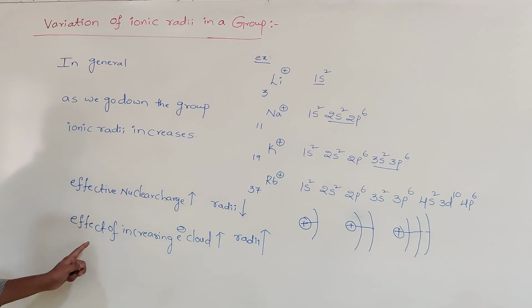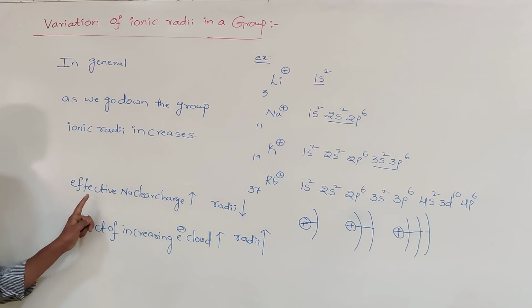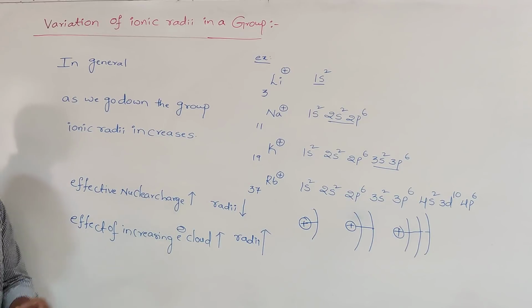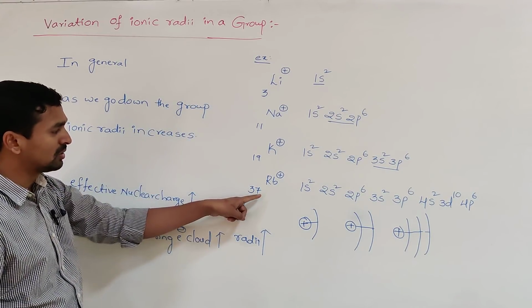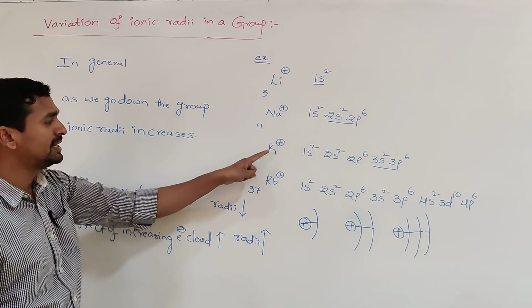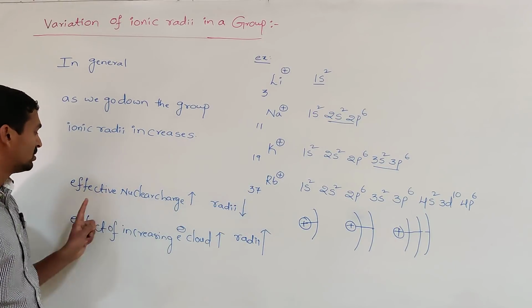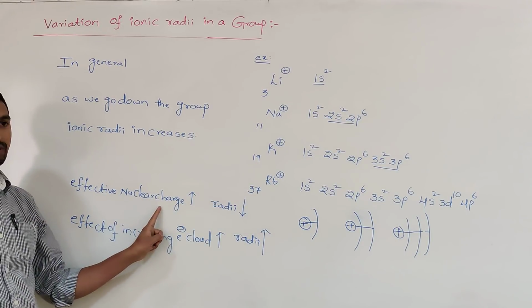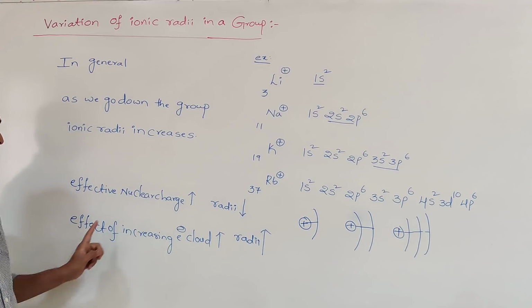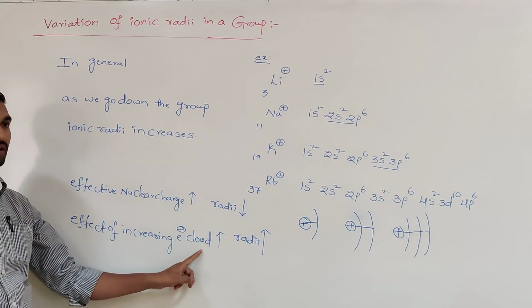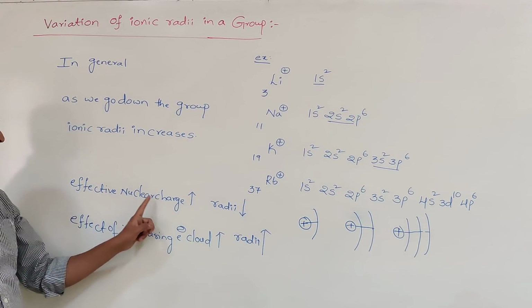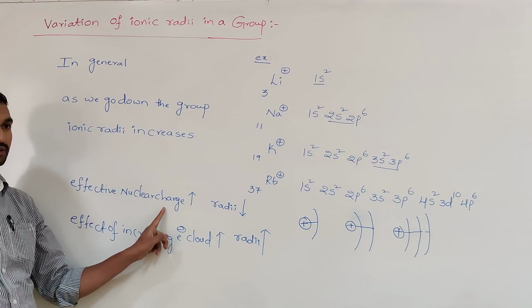And that means this is the dominating factor over the effective nuclear charge. That's why as we go down the group, the ionic radii increases even though the effective nuclear charge increases, because the effect of the increasing electron cloud is much more pronounced than the effect of nuclear charge.